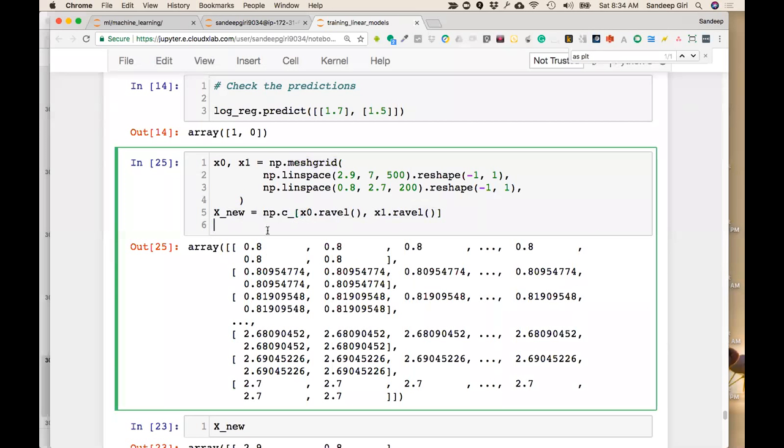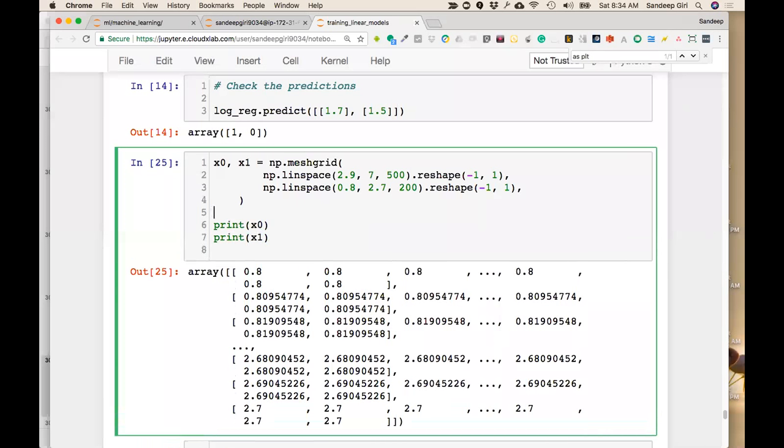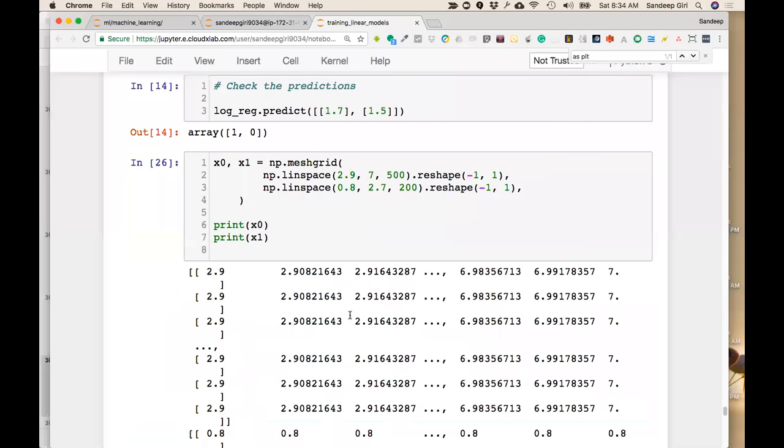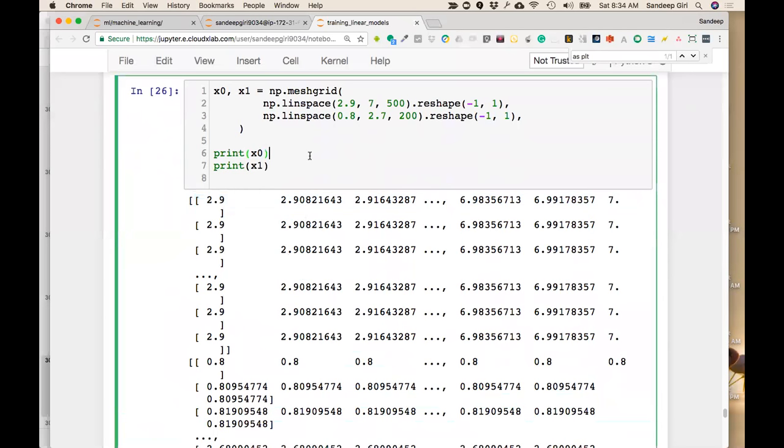Meshgrid is doing basically, if you take a look at the x0, this is something that's happening here.